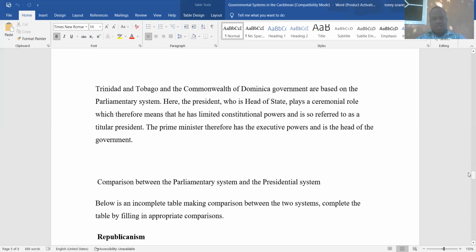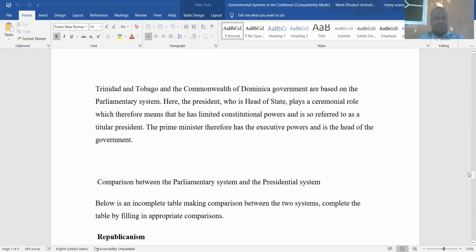Remember, we say under the parliamentary system, there is a president who is the head of state. His role is mainly ceremonial and he has limited constitutional powers. He's referred to sometimes as a titular president, right? The prime minister, therefore, has the executive authority or the executive powers.